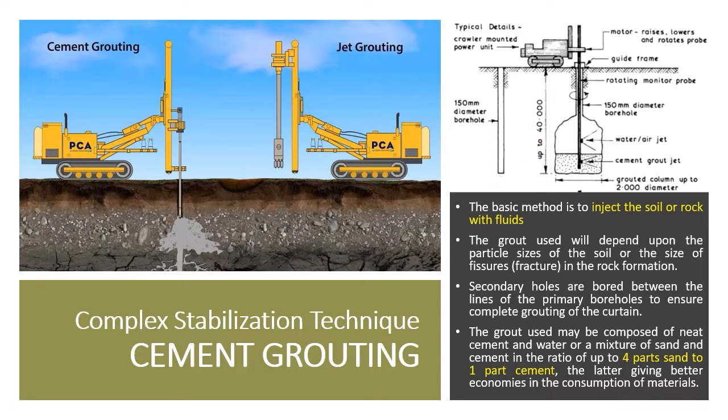At the same time, a cement grout is being introduced under pressure to fill the void being created. The water used by the probe and any combined earth is forced up to the surface in the form of sludge. If the monitor probe is not rotated, grouted panels can be formed.